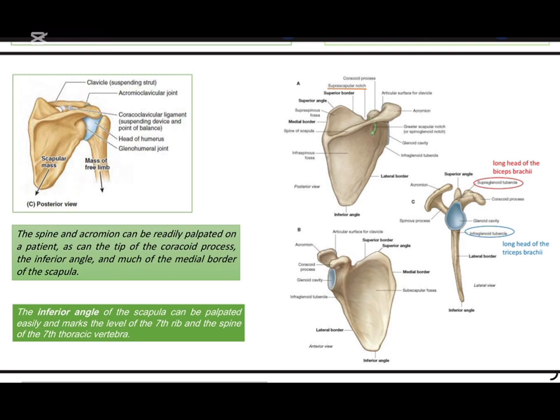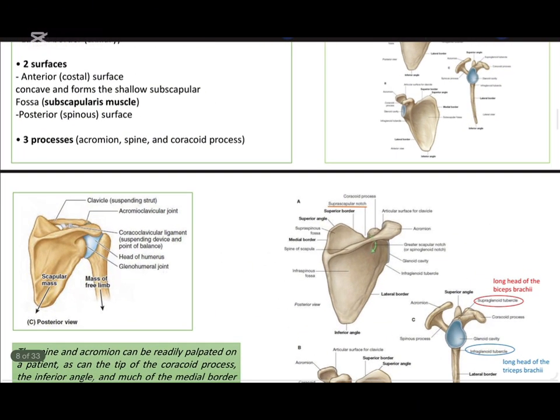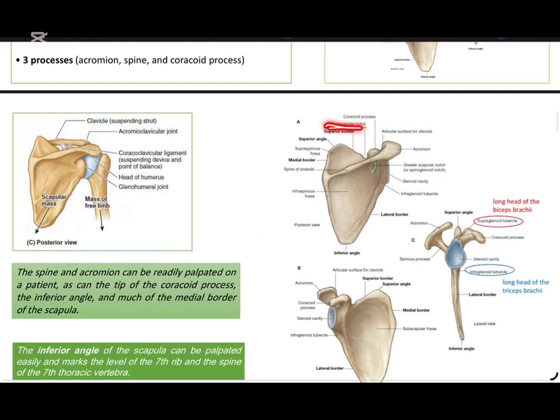Here, we said this is the superior border. When you move on the superior border, you realize that there is a notch. Okay? There is a fossa here. This we call the suprascapular notch. On the top of this notch comes a ligament.